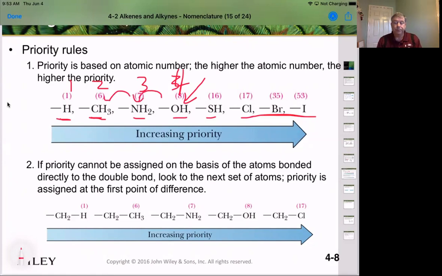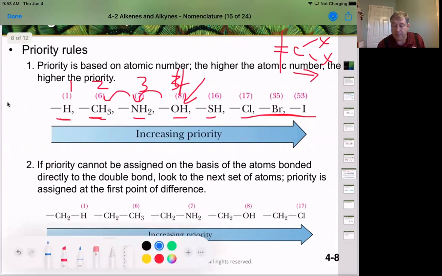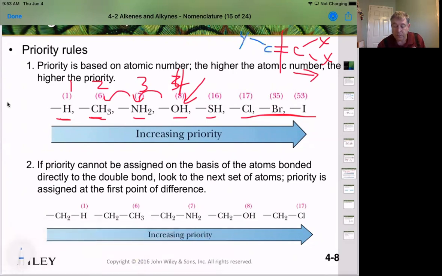Okay, so we look for the highest priority on that X right here. So we're trying to decide which of these two groups is the highest priority on that side first. And then we look at which of the two groups is the highest priority on this side second, okay?